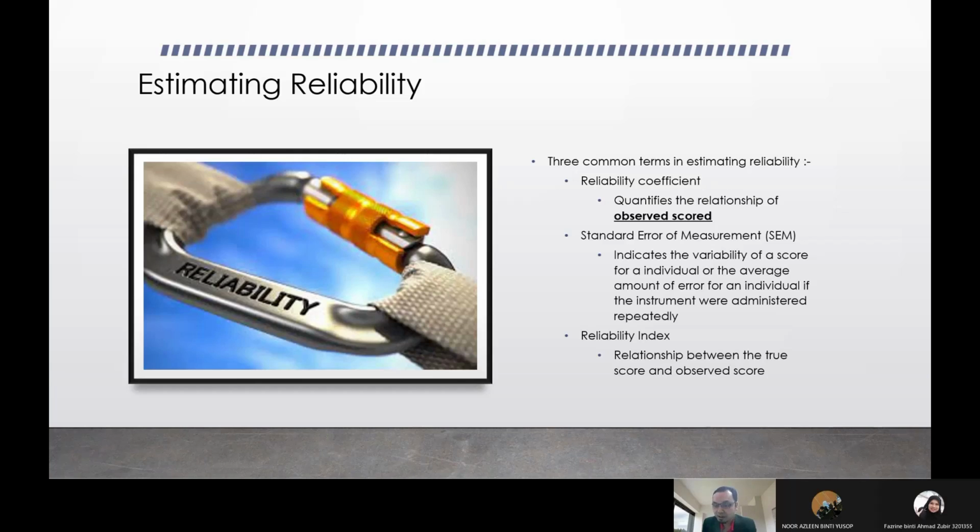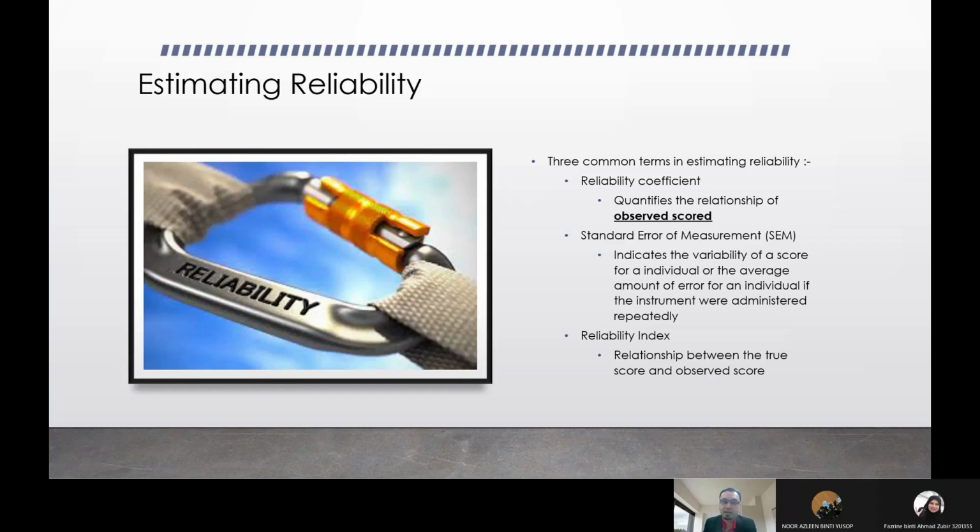We cannot avoid errors at all, but at least we find a measurement to know how much error is being introduced in our measurement, as explained by Madam Azleen just now. So whatever research design we're going to use, we have to adopt the reliability test that suits our research proposal.